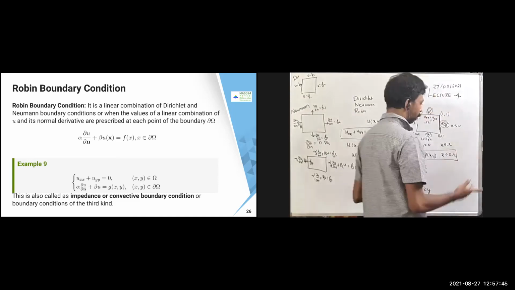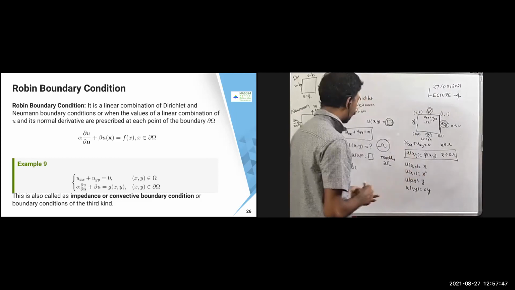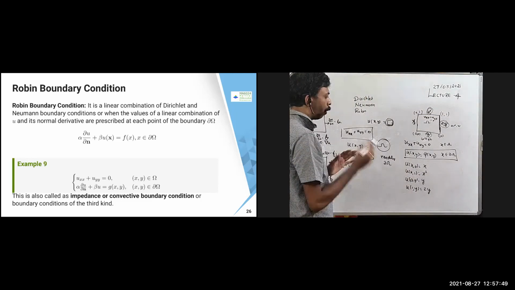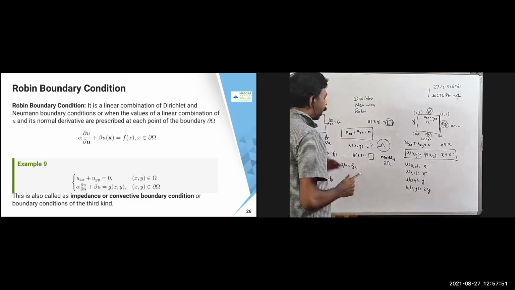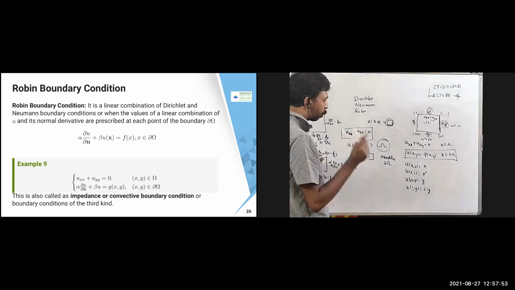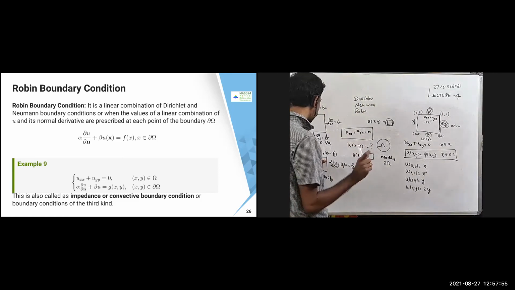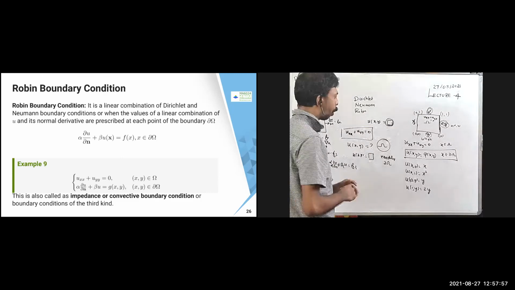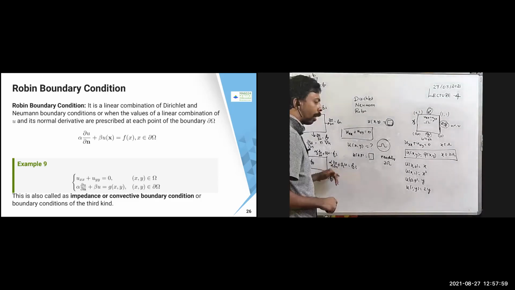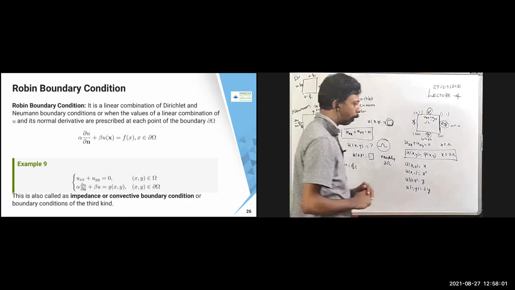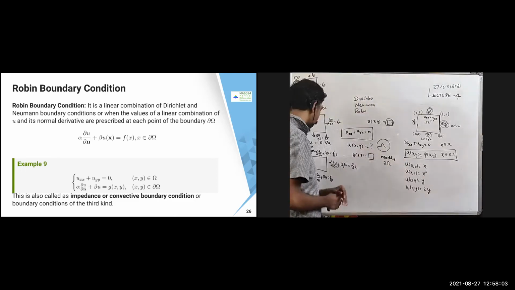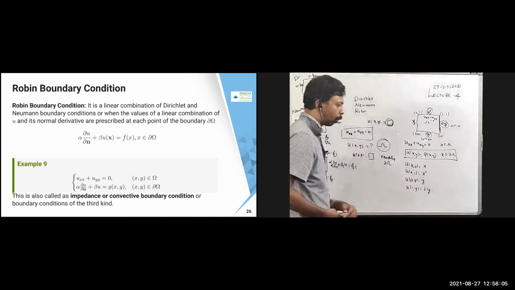These names come because convective terms are involved. I will explain in the heat equation, while deriving it, how this is called convective boundary condition.